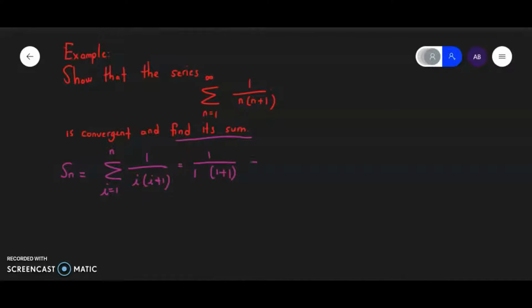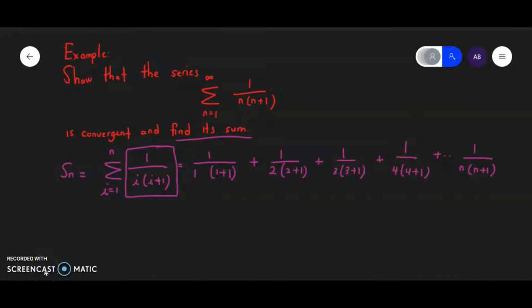Then I have 1 over 2, 2 plus 1, plus 1 over 3, 3 plus 1, plus 1 over 4, 4 plus 1. Just look at the terms here: I have 1, 2, 2, 3, 3, 4, 4, 5. So the nth term should be n plus 1. This is the partial sum that I can write.